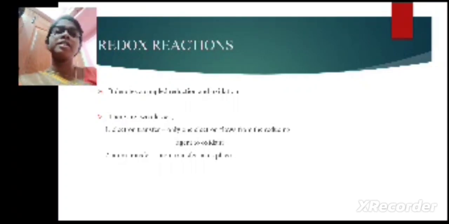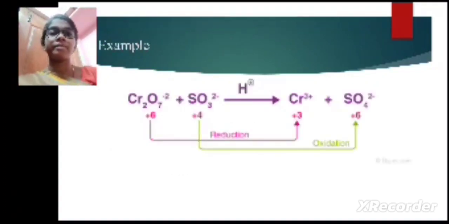Oxidation means that if an atom loses an electron, it is called oxidation. In a chemical reaction, if both reduction and oxidation take place at a time, it is called a redox reaction, that is, coupled reduction and oxidation reactions.